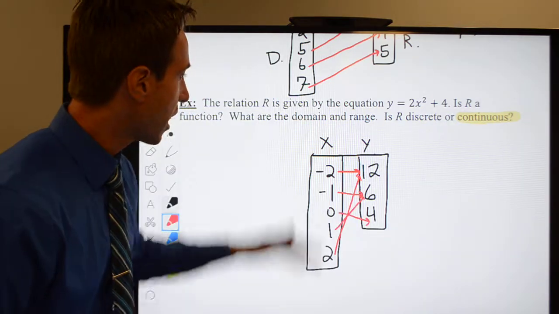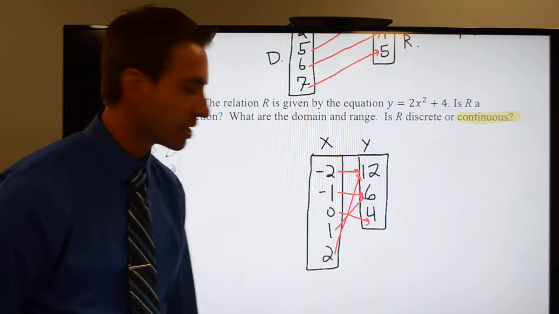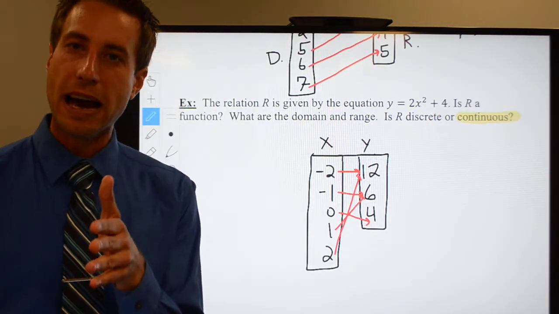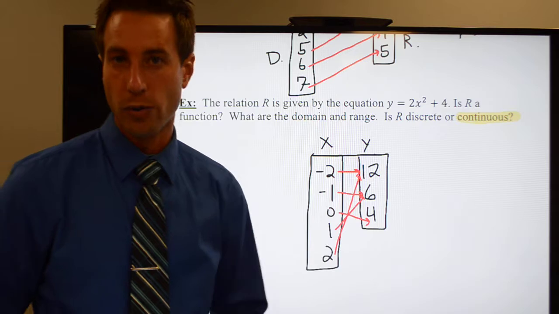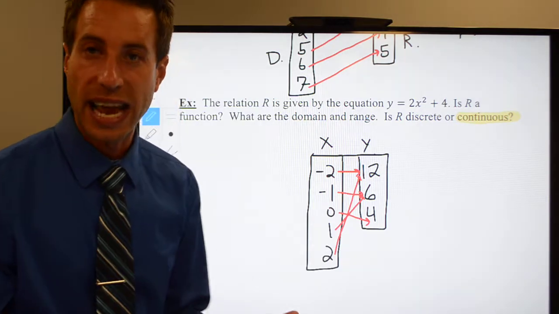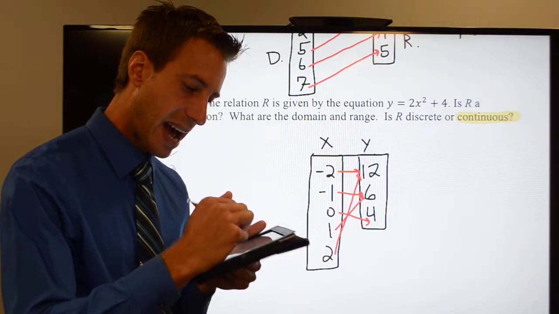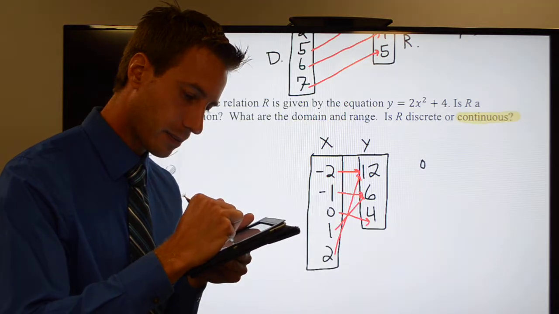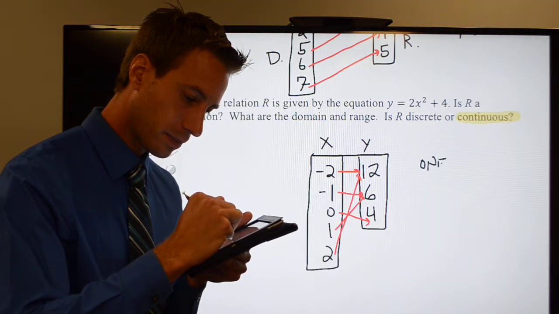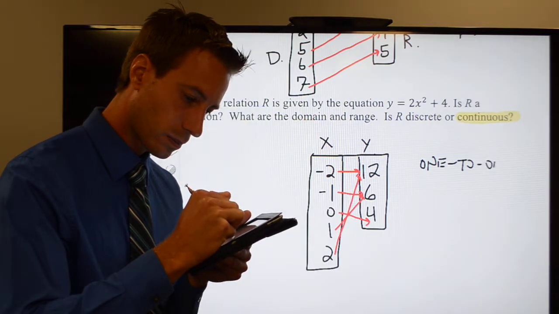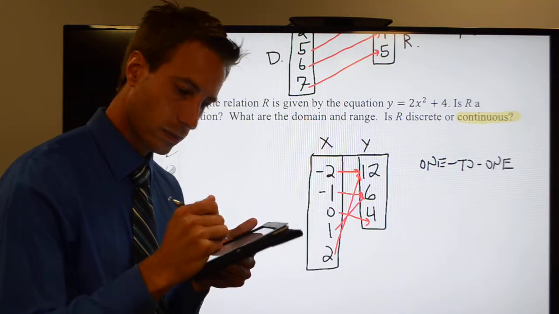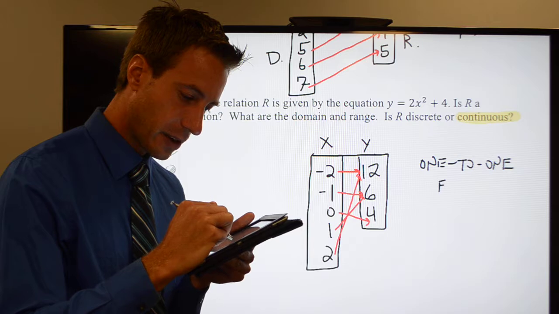The question is, of the ones that I have chosen, do any of my domain values go to more than one range value? Well, the answer is no. So we pass the one-to-one test. Which means it is a function.